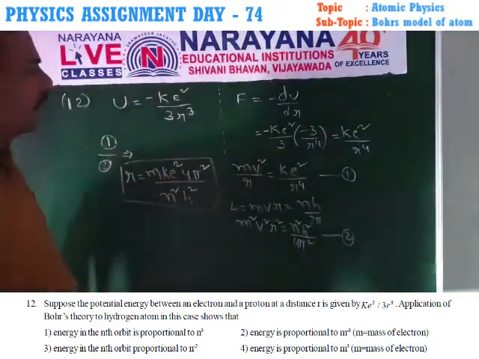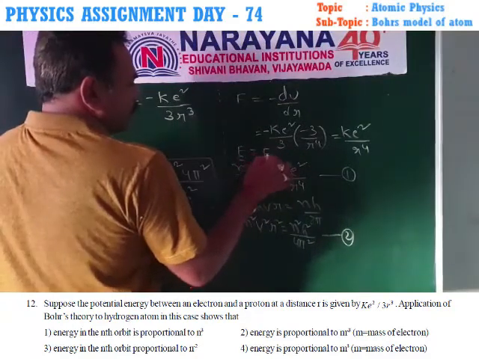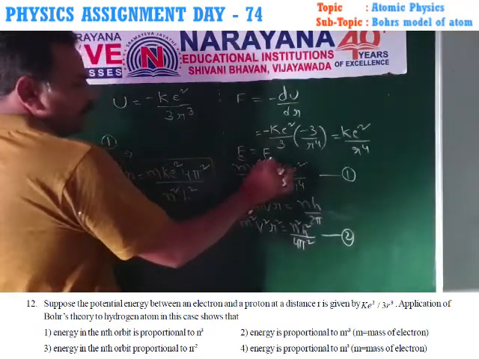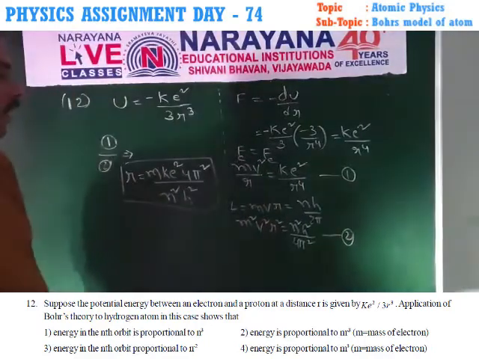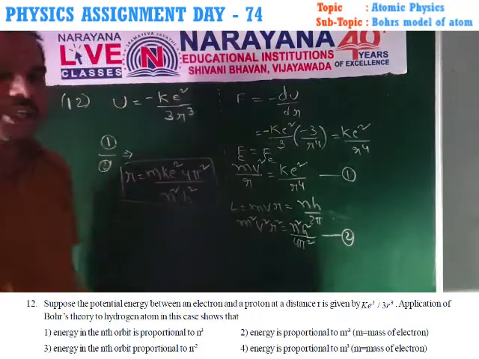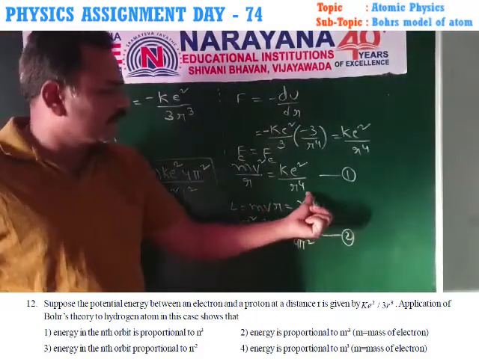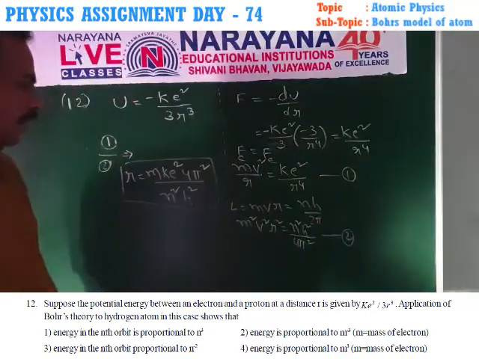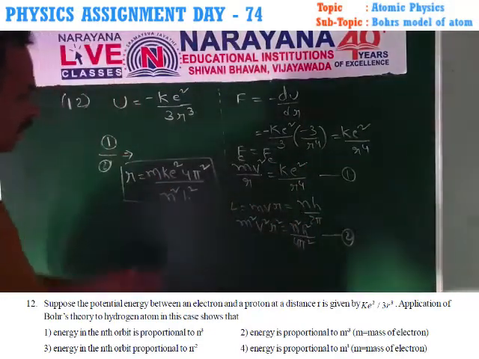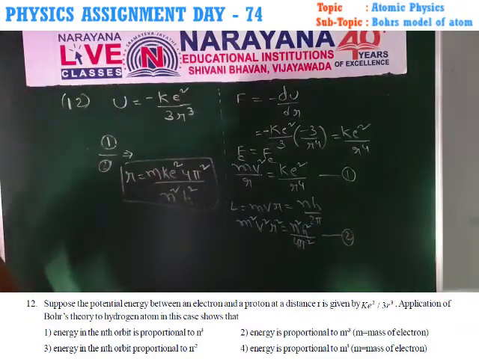But here this force provides centripetal force. Electrostatic force is equal to centripetal force. mv square by r is equal to K E square by R power 4, that is equation 1. For nth orbit, angular momentum L is equal to mvr is equal to n into h by 2 pi. So by squaring it, we get equation 2.